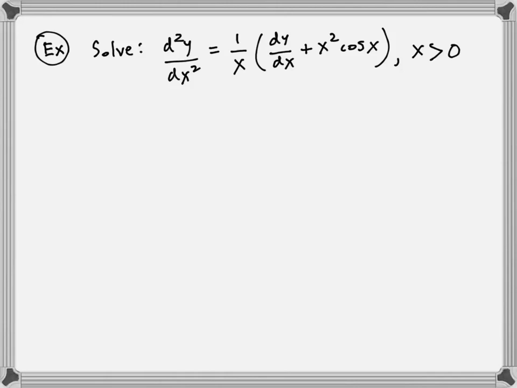Now, right away you look at this and you say, oh wait, this is a second order differential equation, right? Because I see a second derivative, right? So this is a second order differential equation.